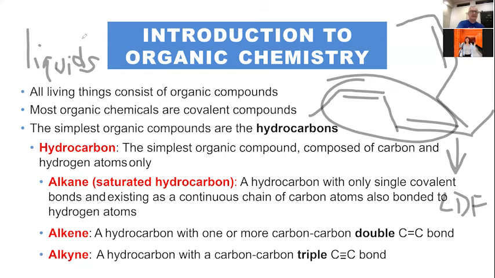So an alkene has one or more of these double bonds like this. And so we would say it's unsaturated because it doesn't have the maximum number of hydrogen atoms that it could, considering the number of carbon atoms. And an alkyne has at least one triple bond.